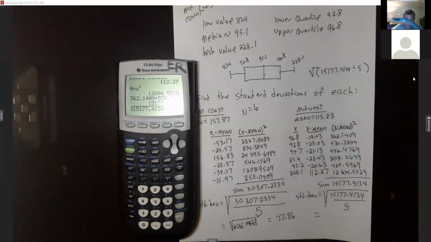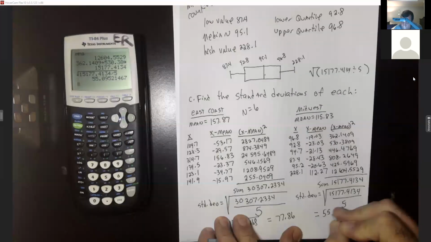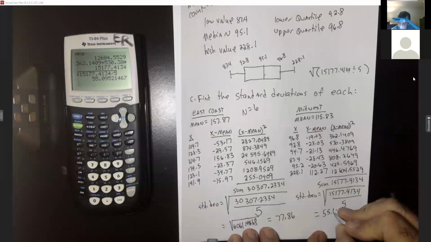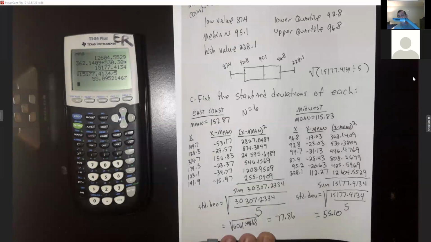Hit enter to get that final answer of 55. We're going to 2 decimal places. So that 9 has a 5 after it, so it's going to kick that 9 up, which turns that 0 into a 1 and makes that 9 a 0.